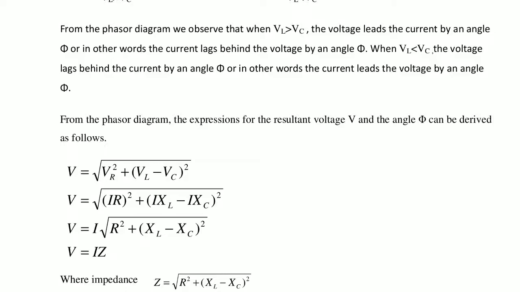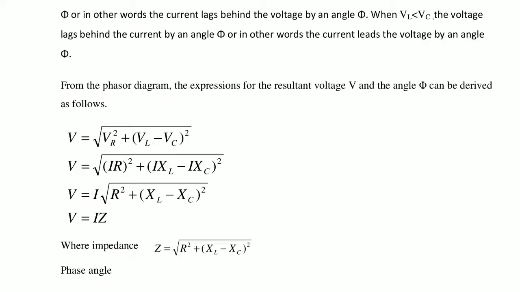In some cases students write in exams V equal to the square root of VR square plus VL square minus VC square. That is wrong. The whole square is for VL minus VC. Just remember that, very important.